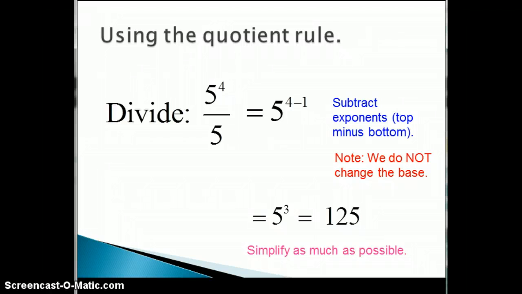But if we have a number for the base, then we can actually perform that calculation to simplify it one step further. So 5 cubed means 5 times 5 times 5, which is equal to 125. So we go ahead and do that one last step to simplify as much as possible.